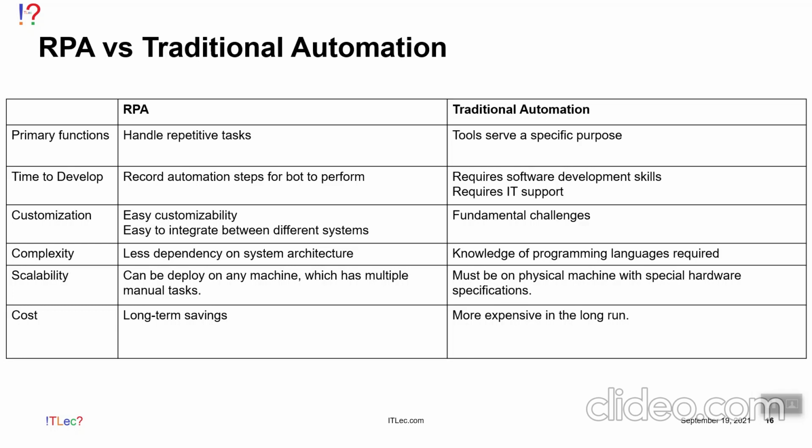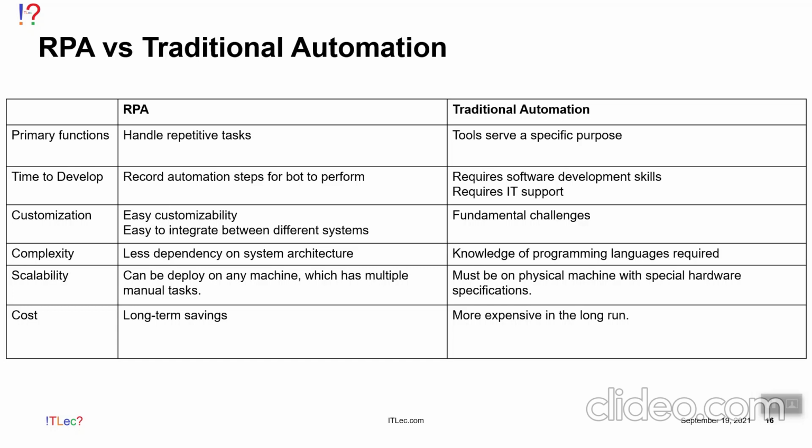In traditional automation, there are some fundamental challenges. Maybe one customization affects someone else, or there are dependencies between code, whatever. Complexity: RPA has less dependency on system architecture. But for traditional automation, knowledge of a programming language is required.